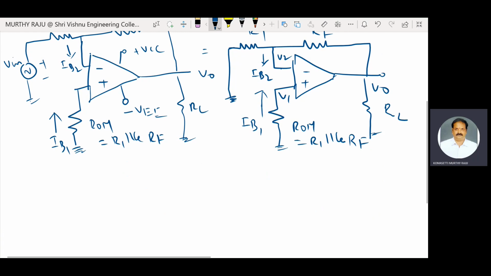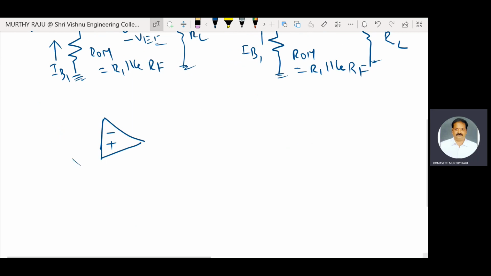In case of the non-inverting amplifier configuration, this one is non-inverting, minus, plus. Here Vin is applied to the non-inverting terminal of the op-amp. This one is Vin, applied to the non-inverting terminal, that is in series with ROM.